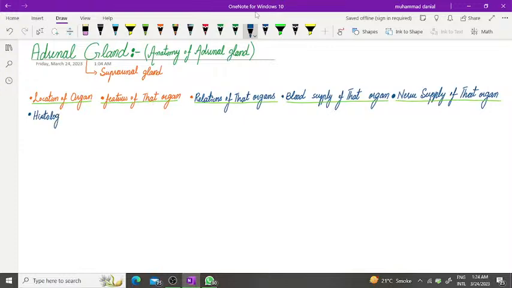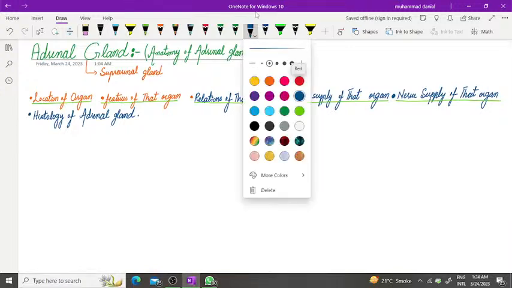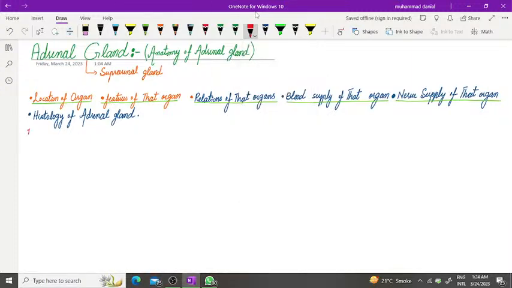Now I will discuss the location of the adrenal gland, the first heading.